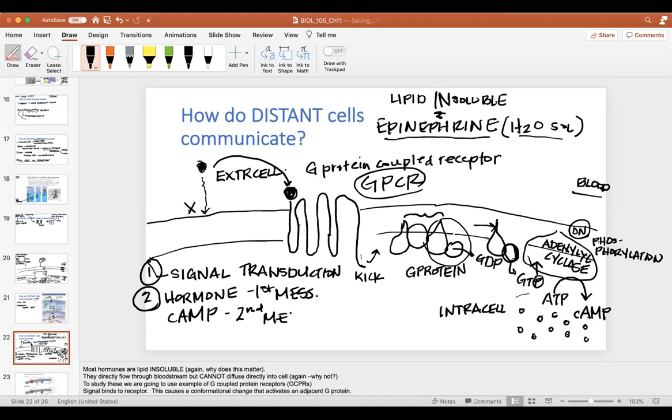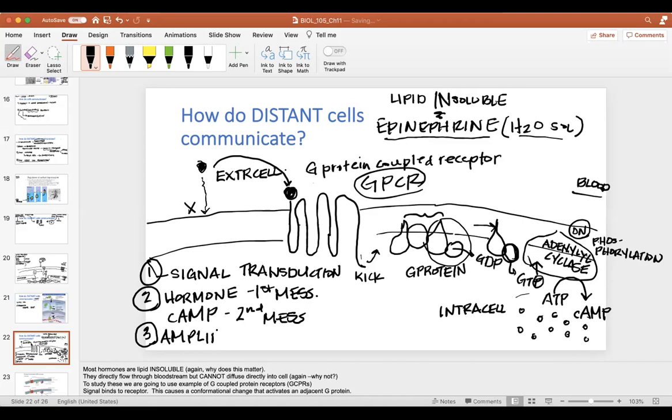Well, what this cyclic AMP is going to do is it's going to go throughout the rest of the cell, and it's going to act to turn proteins on and off throughout the cell. So we have taken this first messenger and converted it into a second messenger inside the cell. The third thing that we have accomplished here is we have amplified the signal.